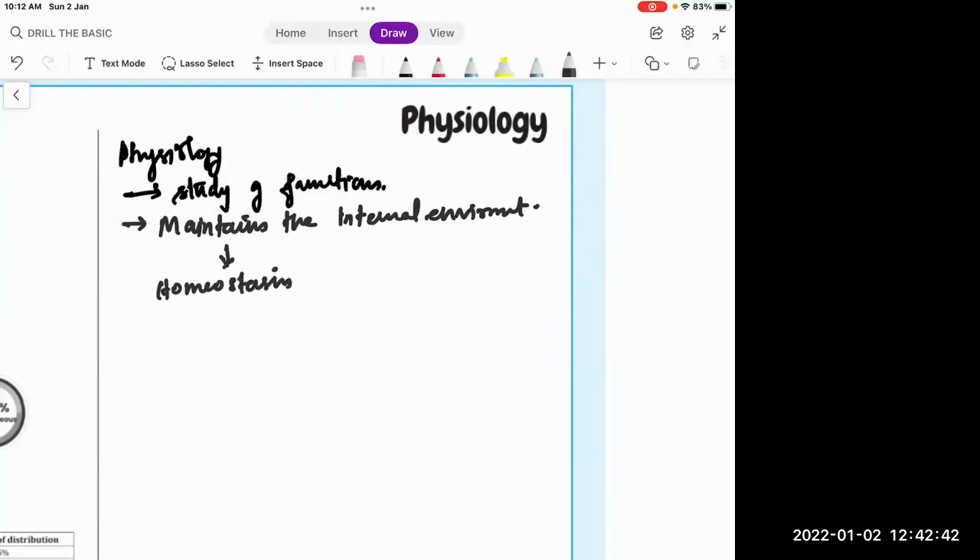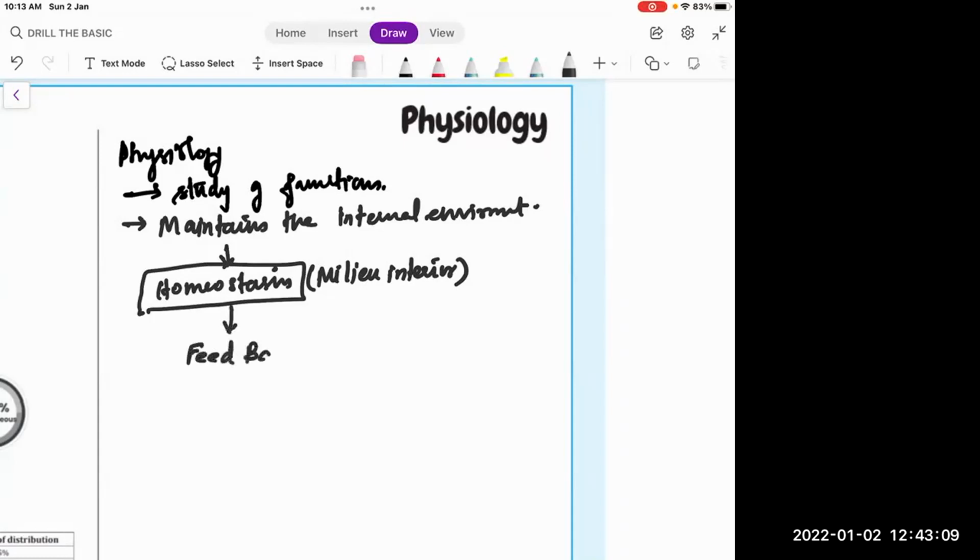This homeostasis you also term as milieu interior. So how does this homeostasis play its role? The maintenance of the internal environment of our body is maintained and mediated by the mechanism which you all call the feedback mechanism.